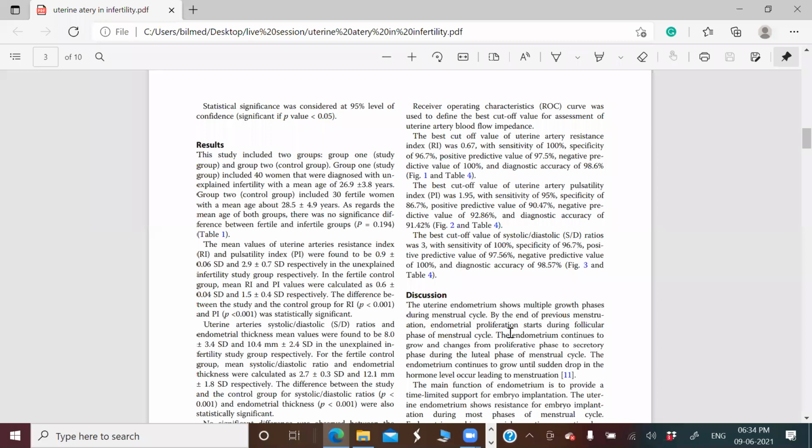But the main point is that in the start, the diastolic flow will be low, and in the mid cycle, the diastolic flow will be high. Now, a counter question, Dr. Pooja: what will happen to the resistive index as you move from early to mid cycle? Will it increase or decrease? Decrease, sir. Very good. Now you are coming on track. It will decrease because the diastolic flow will increase. Very good.